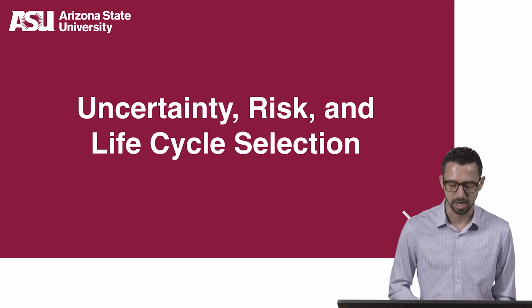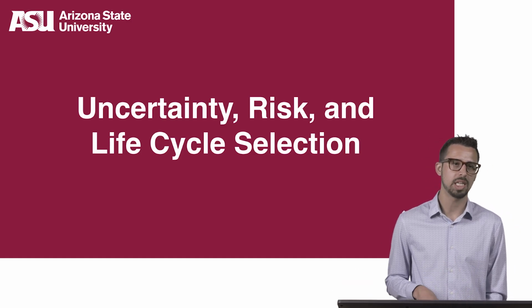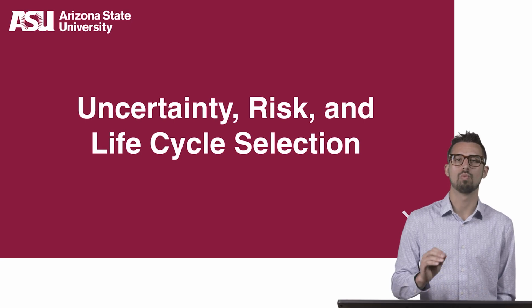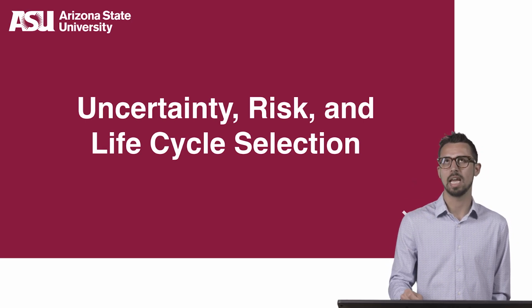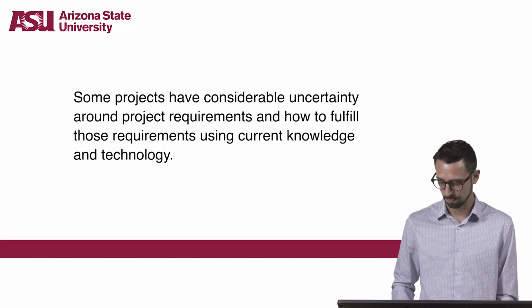Every project comes with some degree of uncertainty and risk. And the level to which we believe that uncertainty and risk may arise could dictate the life cycle selection that we make for our projects.